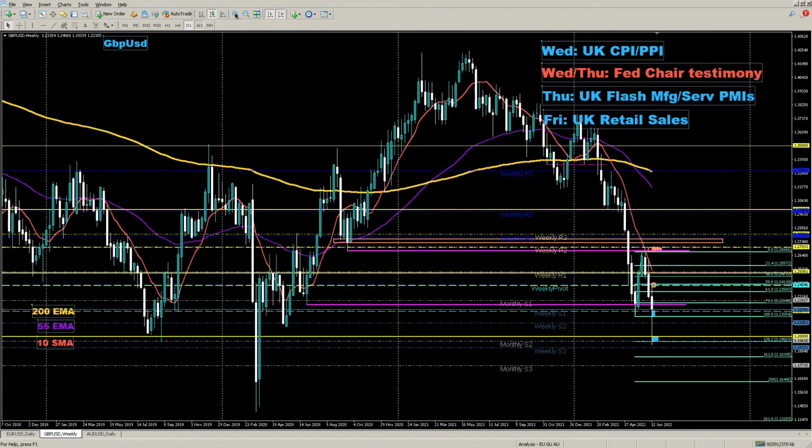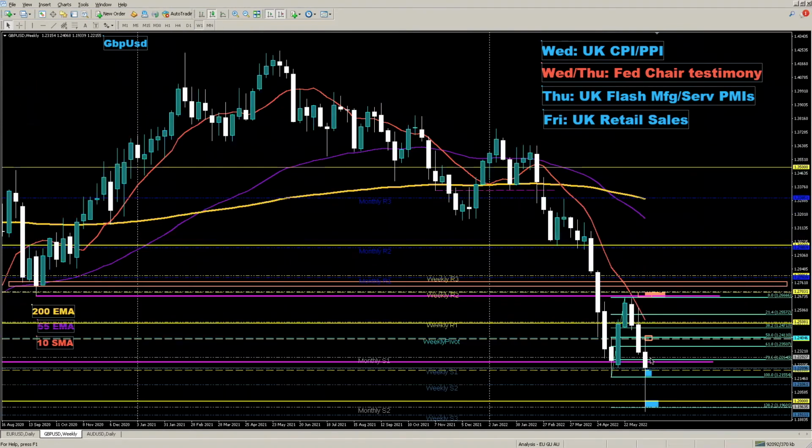So on the weekly time frame, it closed slightly lower than the start of the week, so it was not a spinning top or doji, and it did have a longer lower wick.